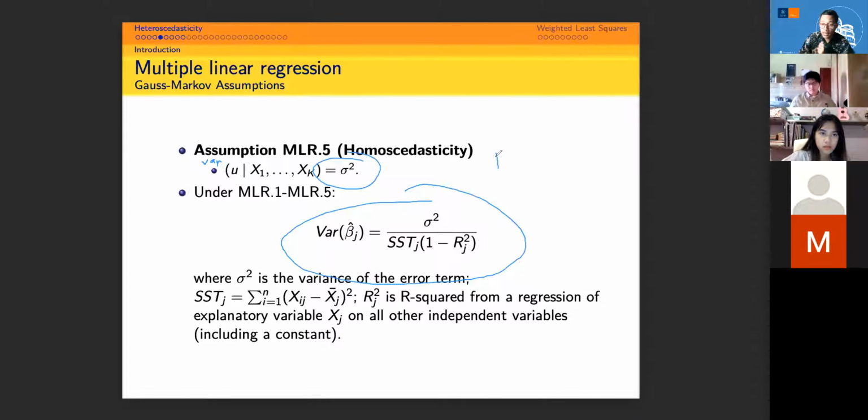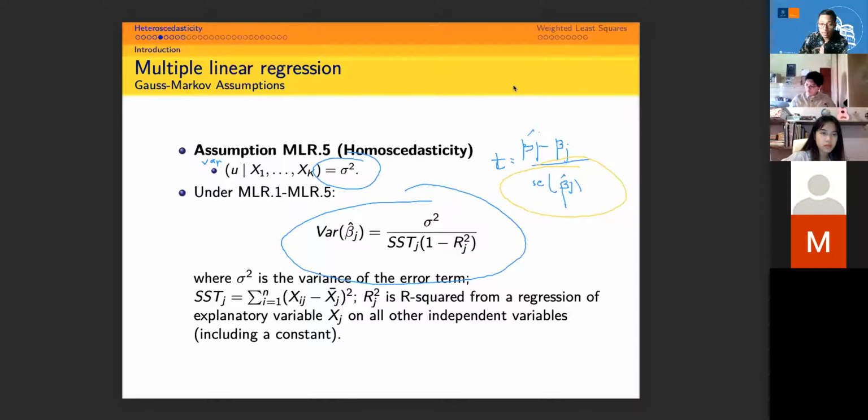If you remember, if you do a t-test on a particular variable, it's the estimate that we get from the model, beta hat j minus beta j, over the standard error of the estimate. So we need this standard error, and to ensure that the estimated standard error is unbiased, we need the first four assumptions plus the homoscedasticity assumption.